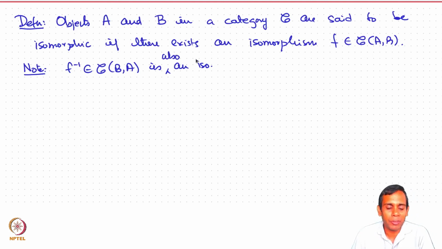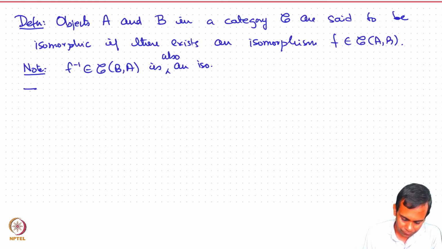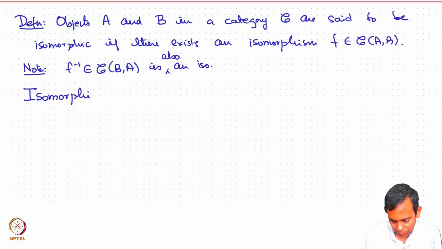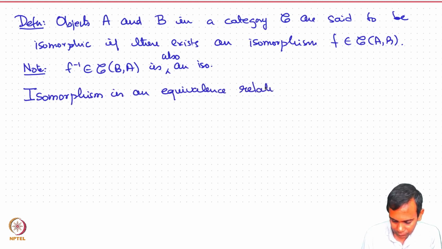In fact, it's an equivalence relation. So isomorphism is an equivalence relation on the objects of a category.